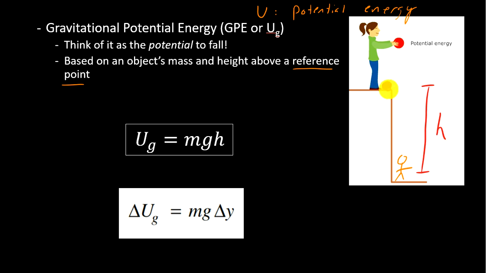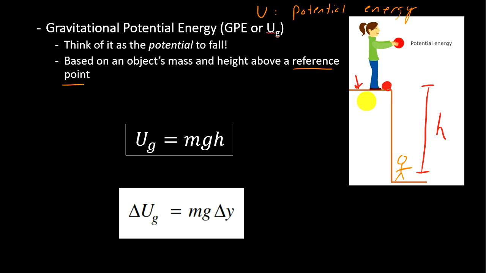But does the ball have any gravitational potential energy relative to the cliff itself? Not really. The ball can't fall onto the cliff. It's already there. I have a calculator right on my desk. Well, the calculator isn't going to fall on the desk. It's already there, but it could fall off the desk and onto the floor.